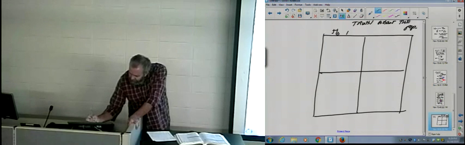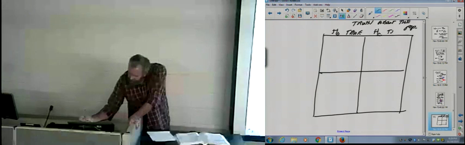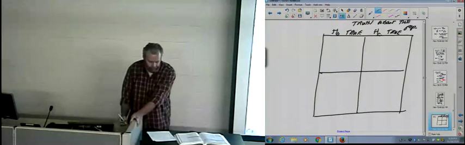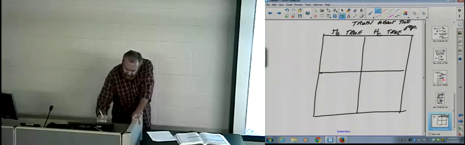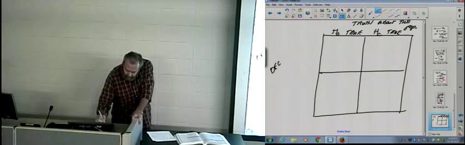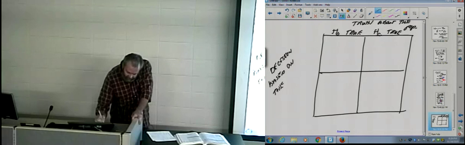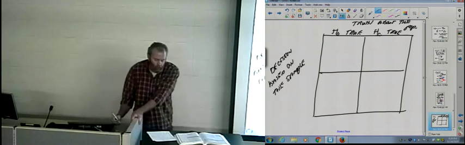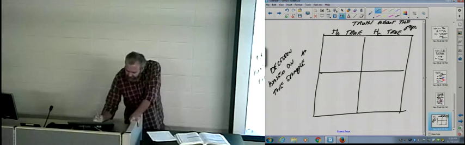Either H naught is true or the alternative is true. Over here is the decision we're going to make based on the sample, right, that the test uses. Well, you're going to do one of two things. You're either going to reject the null or you're going to accept it.